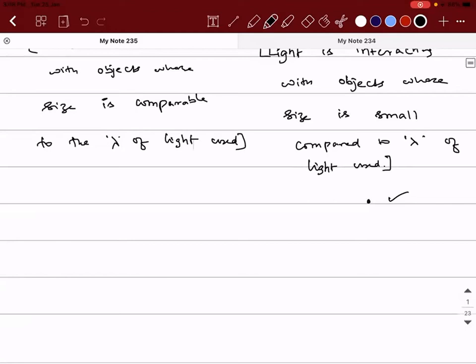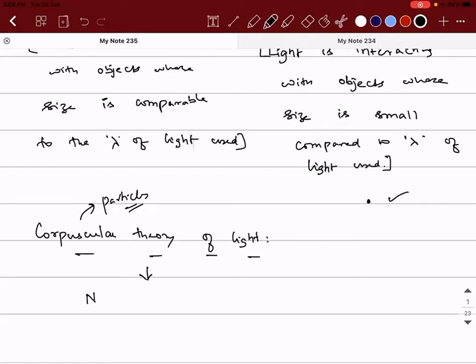First there is something called as corpuscular theory of light. Corpuscles are nothing but particles. Initially it was assumed that light did not have any wave properties and people thought it had only particle nature, and this was the theory first proposed by Newton.